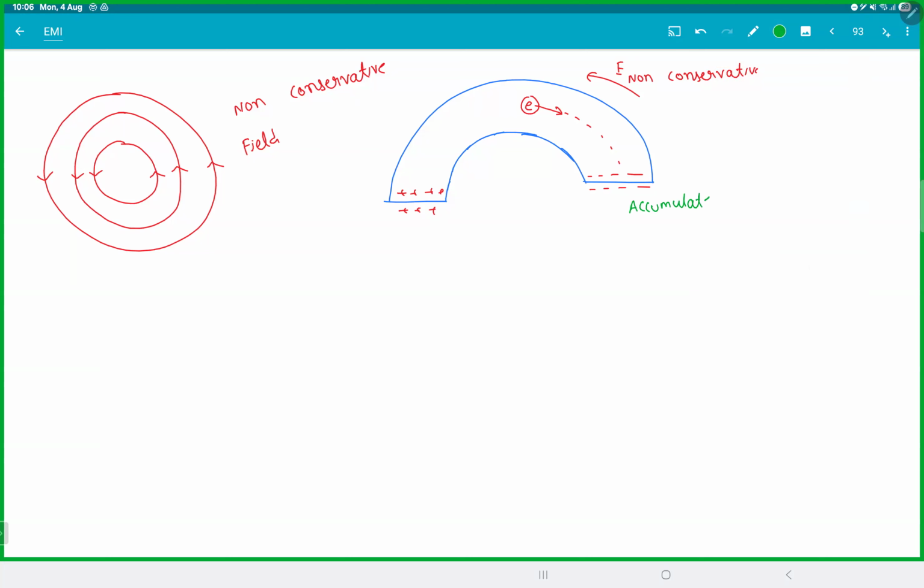These are the accumulated charges. These accumulated charges will create a counter field. This is a conservative field. The field created by these accumulated charges, which are static charges, will create the potential difference.